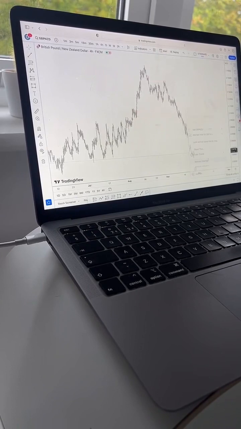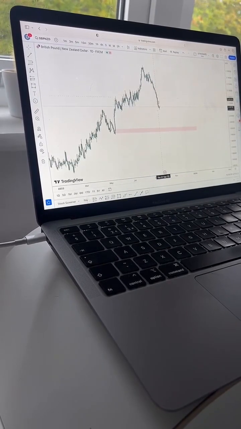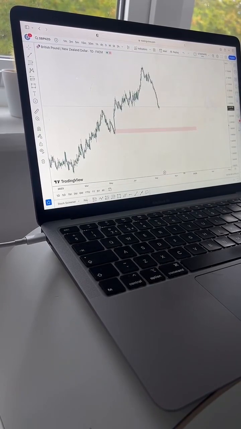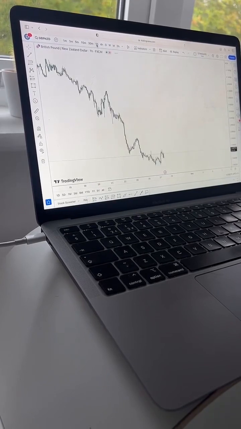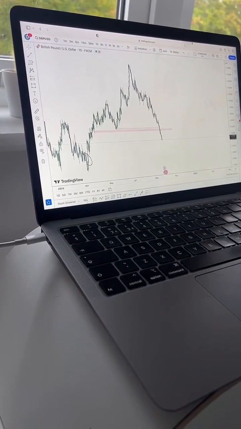Great British Pound, New Zealand Dollar. Daily direction here, this zone. It'd be very hard to get into that trade, so pretty much just wait for this. Great British Pound, US Dollar.